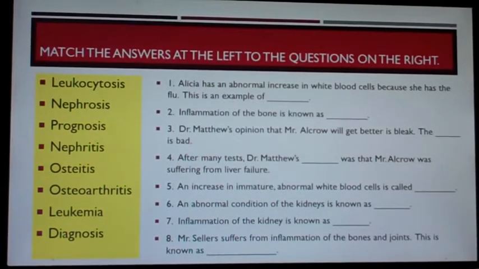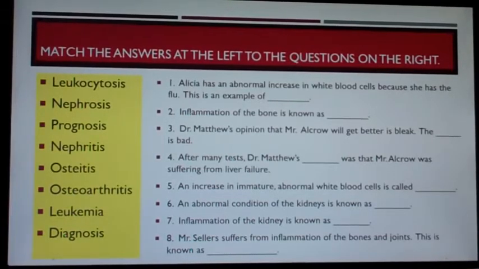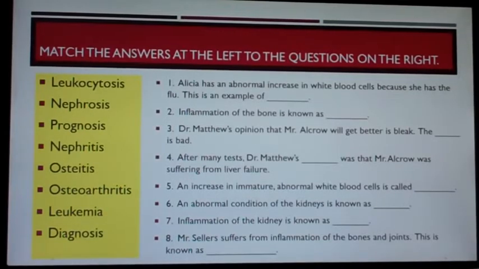Number 4, after many tests, Dr. Matthews' blank was that Mr. Alcrow was suffering from liver failure. Number 5, an increase in immature abnormal white blood cells is called blank.